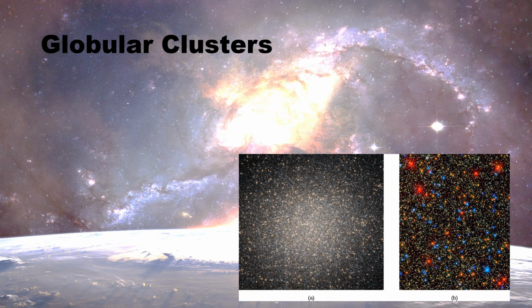When we take a look at Omega Centauri, we can see a visual representation here in image A, and image B gives us a much more zoomed-in view. Just looking at image A, we can see that we have several million stars here. So there are a lot of stars packed into one small space.